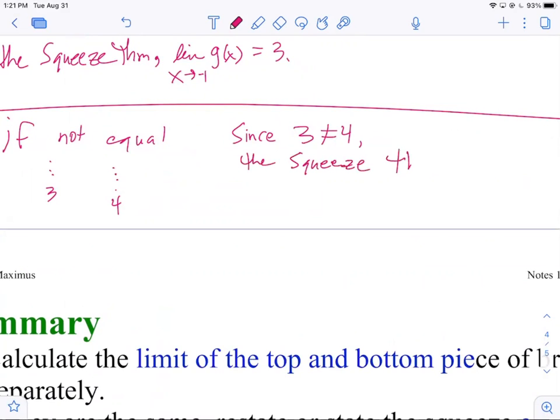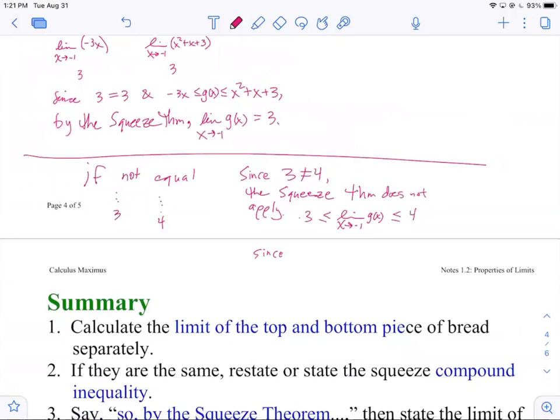The squeeze theorem does not apply. And if you want to give this, you could say the limit as x goes to -1 of g of x is going to be less than or equal to 4 and greater than or equal to 3, since the inequality holds true.